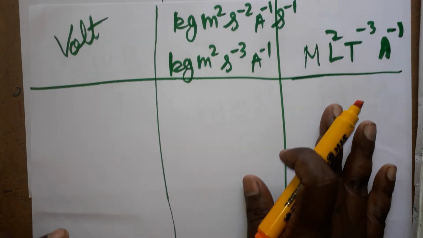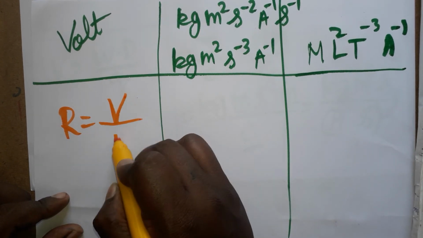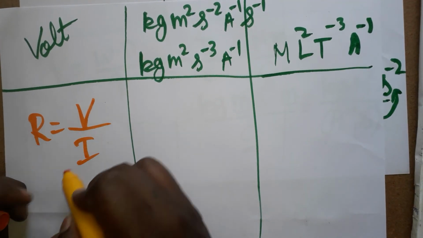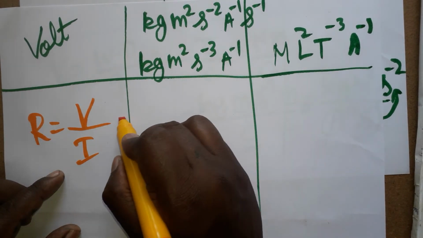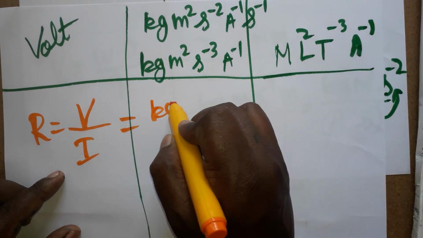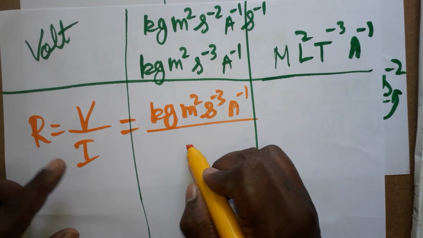The next thing, resistance. Resistance is equal to volt by current. So V is equal to IR, R is equal to V by I. So we have the unit kg meter square second minus 3 ampere inverse, divided by current, ampere.